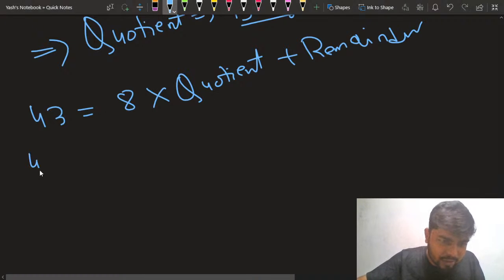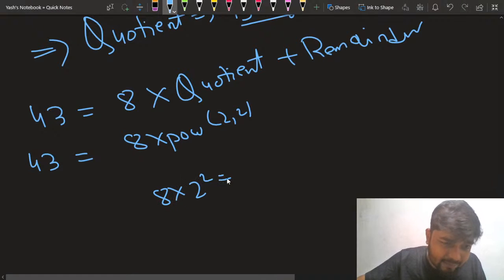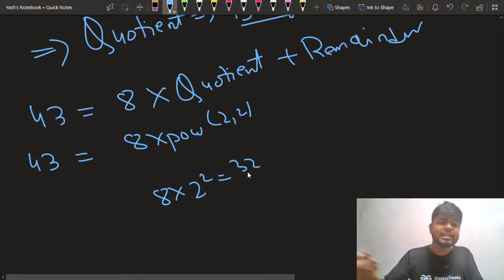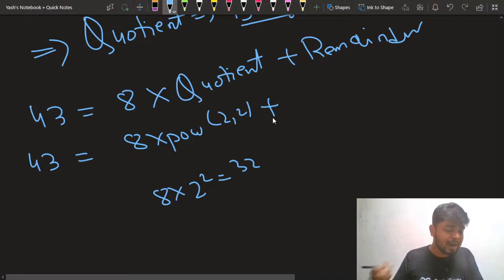Now what I'm saying is 43 is equal to 8 into 2 to the power 2, plus something, right? Because we discussed that 8 into 2 to the power 2 will give me 32. Then what will be the part that will be left? Can anyone tell me in the chat what is the remainder now?